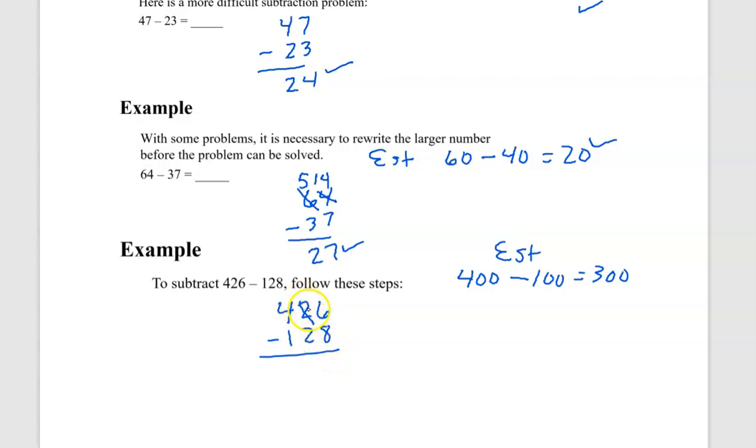You're going to have to borrow a 10 and make this a 16. And then we're left with only 1 in that place. So 16 minus 8. Can I do 1 minus 2? No. I'm going to have to borrow from this 4, make it a 3. So now I've got 11 minus 2. I can do that. That's 9. 3 minus 1 is 2. So I've got 298. Now that time my estimate was quite a bit closer.